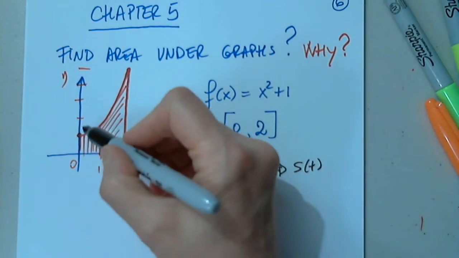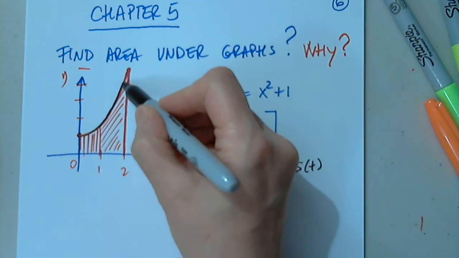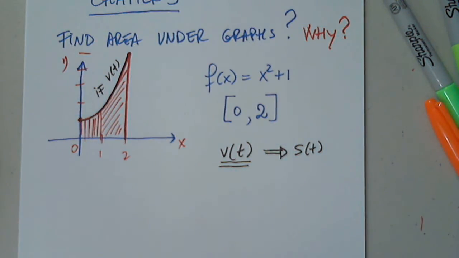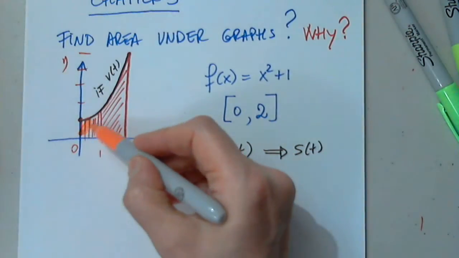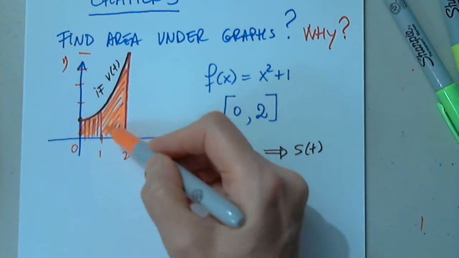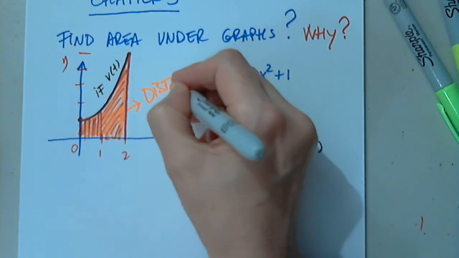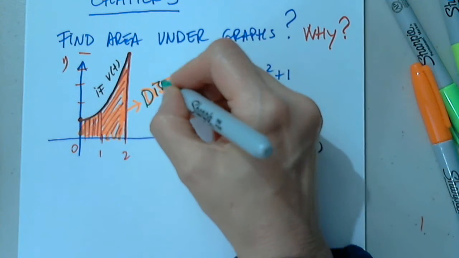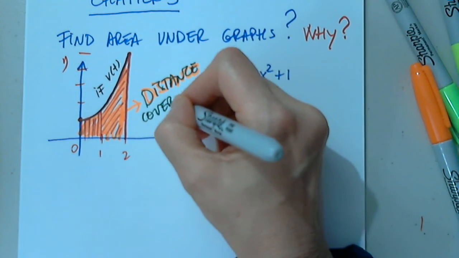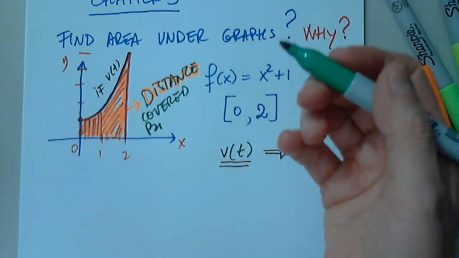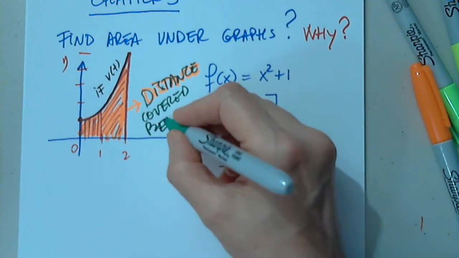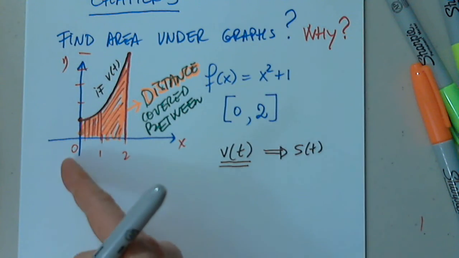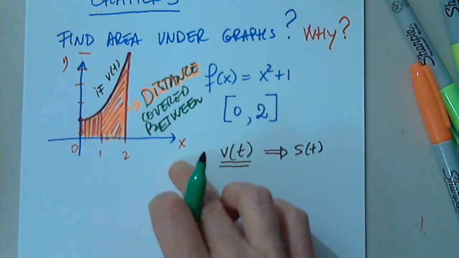If v of t is this function, this area is the distance covered by the particle or the car or the individual between 0 minutes and 2 minutes, 0 hours and 2 hours, 0 days and 2 days, whatever you want the measurement unit to be, between 0 and 2.